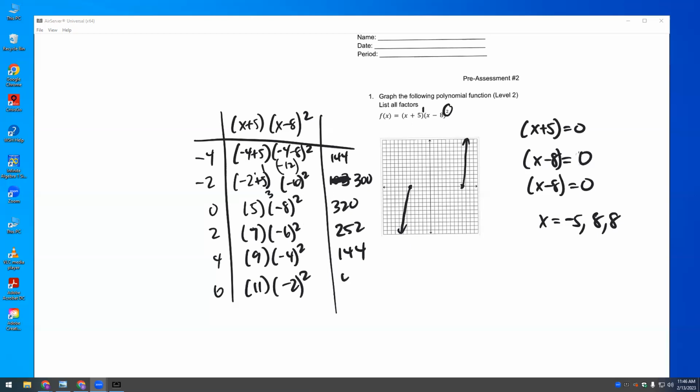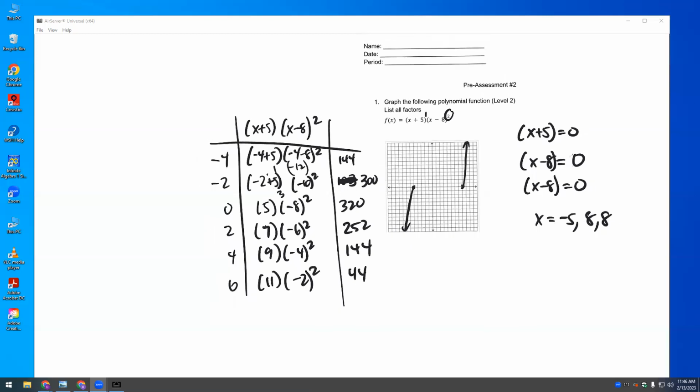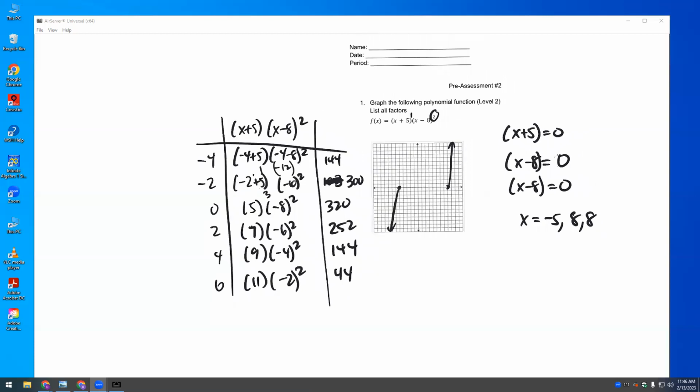So that's 444. It should look something like this: at -4, 144, maybe put it right here, then -2. Make sure you label it, just -4, 144. If you guys do that, you're good. Sorry, -4 should be here, not there.